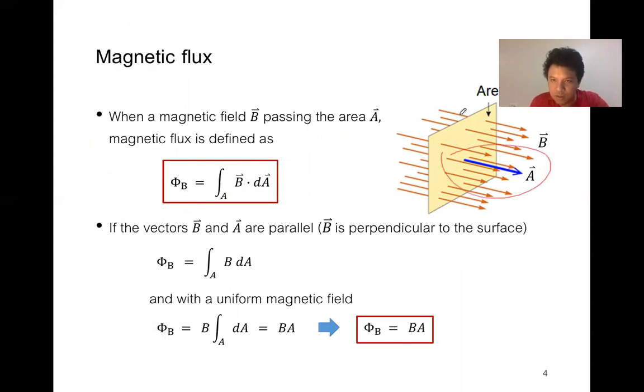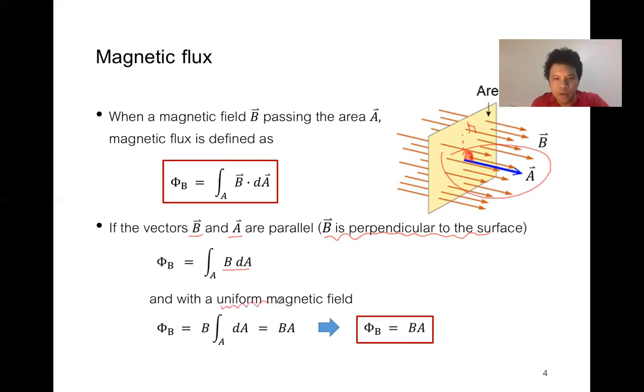The vector A is perpendicular to the area. So if B and A are parallel, or B is perpendicular to the surface, as in this case, the dot product becomes just the product.